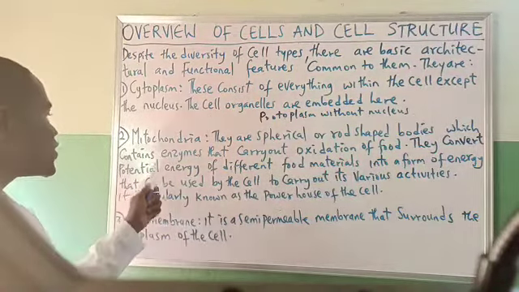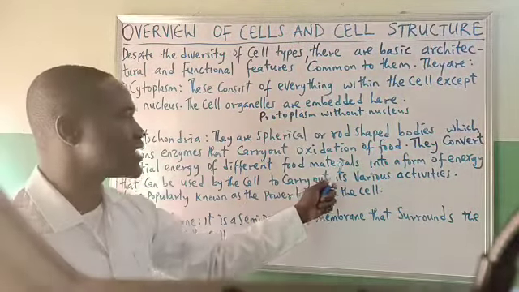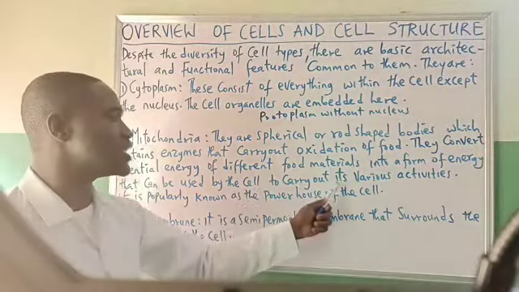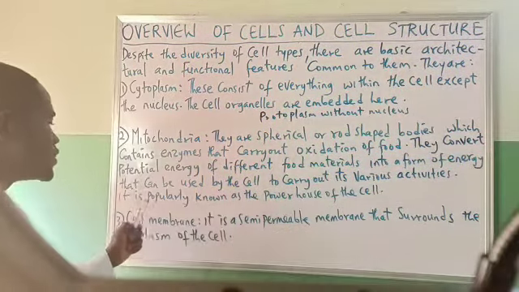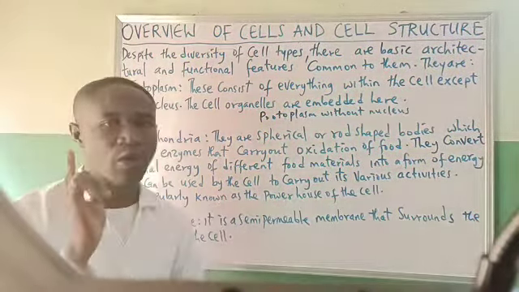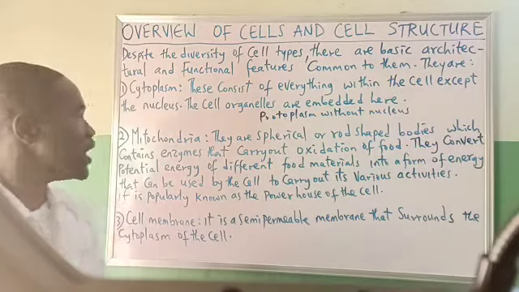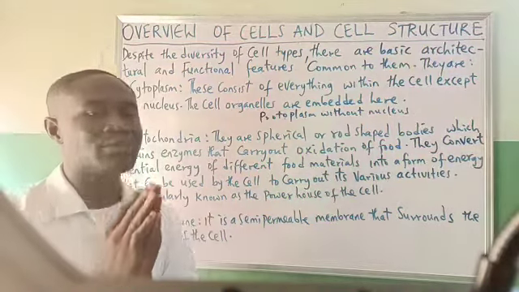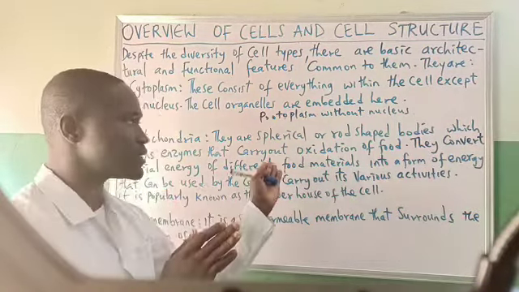They convert potential energy of different food material into a form of energy that can be used by the cell to carry out its various activities. It is popularly known as the powerhouse of the cell. It is in this mitochondrium that the tricarboxylic acid cycle takes place.